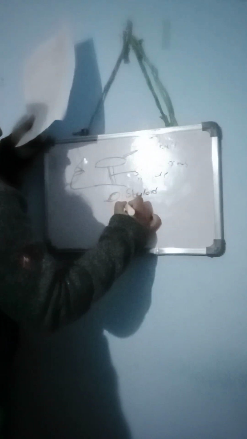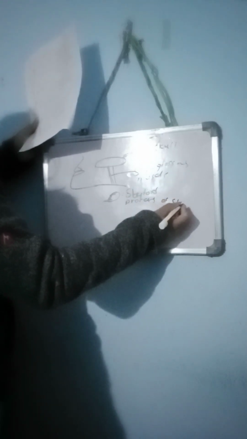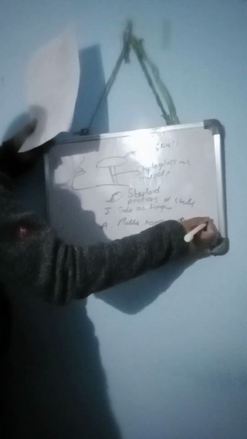Its insertion is the side of the tongue, and its action is that it pulls the tongue upwards and backwards. So this backwards is frequently repeated, right?